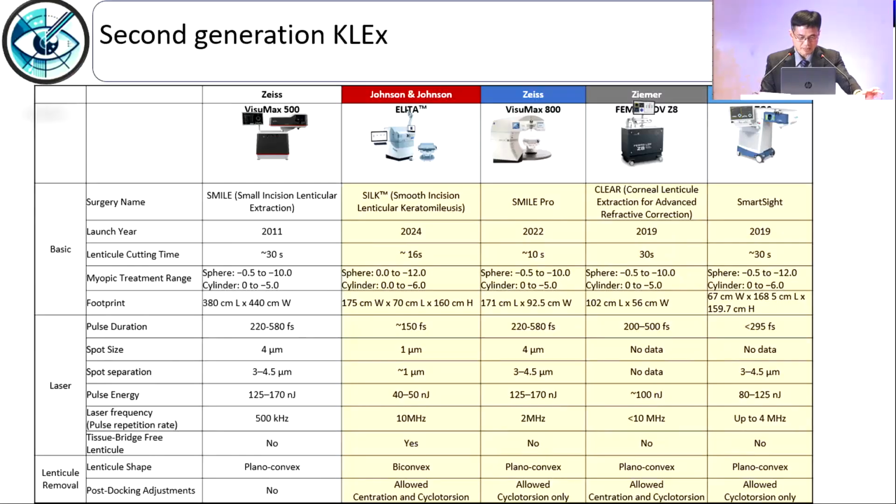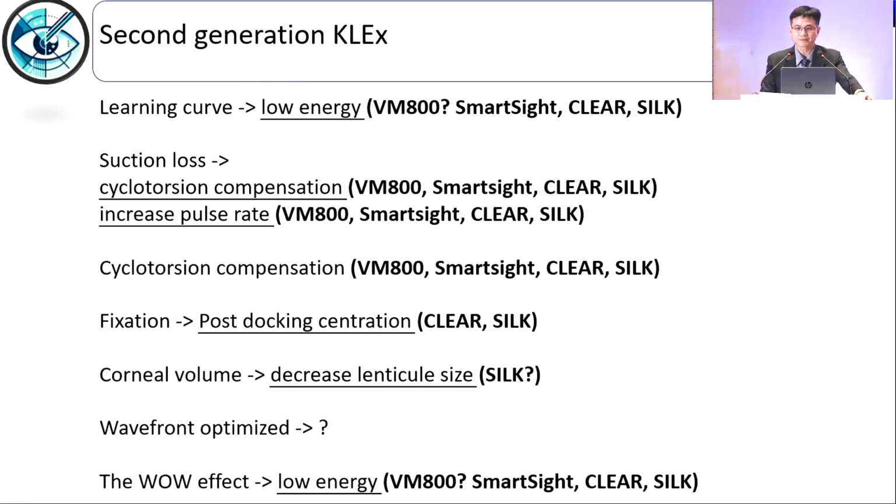We can see the lowest energy, 40 to 50 nanojoules, in the Johnson & Johnson Elita system, with a higher laser pulse frequency. Also, the bi-convex model is different from the other three. With the second generation SMILE machines, they pay attention to the caveats we just pointed out, but wavefront optimization is still not fully addressed in these new machines.